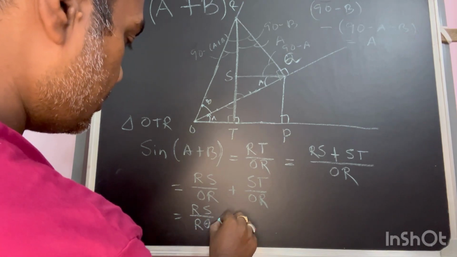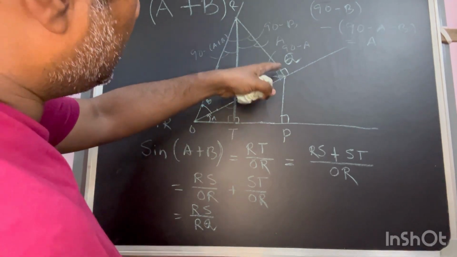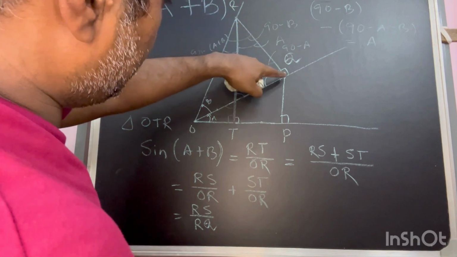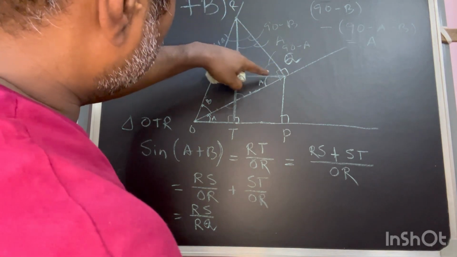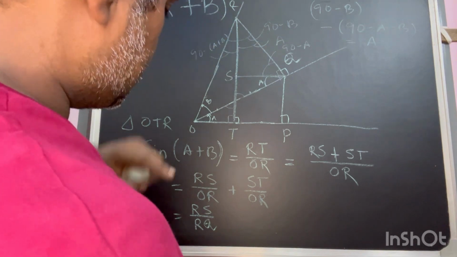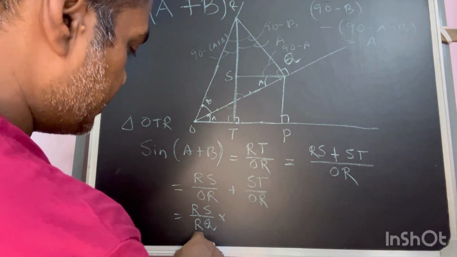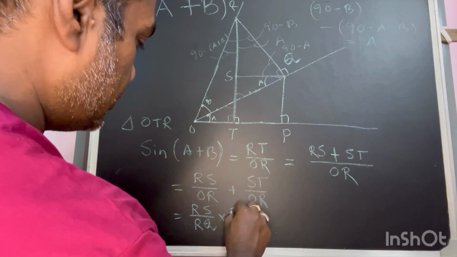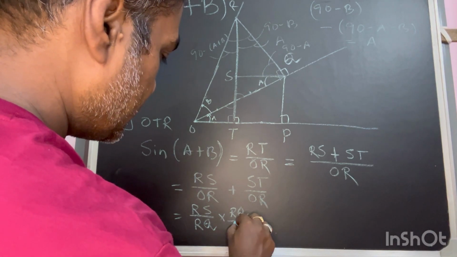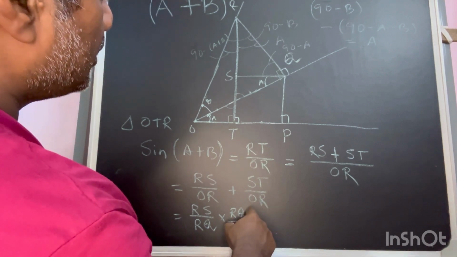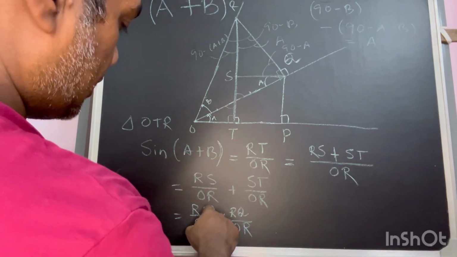I'm bringing RQ. RQ is common for this triangle with OR and common to this triangle with RS. If I bring RQ, it won't change anything if I do it for numerator and denominator both, isn't it? So I am keeping RQ over RS.